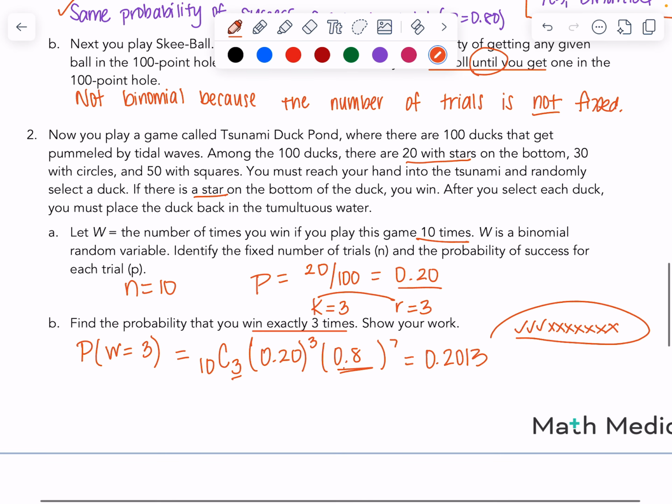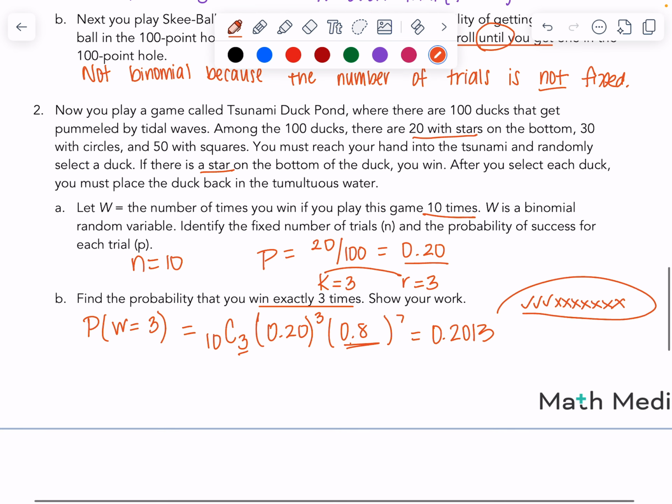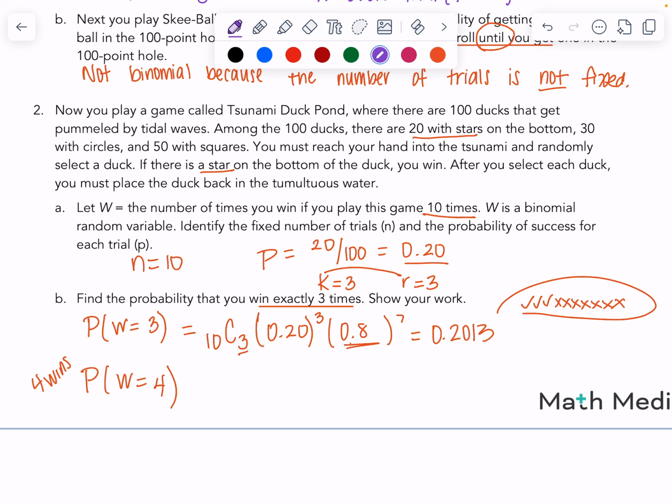And just so that we understand what's going on, let's add one more problem here. So 4 wins. Okay, let's fill this out. If I want 4 wins, I still have 10 trials, but I'm choosing 4.